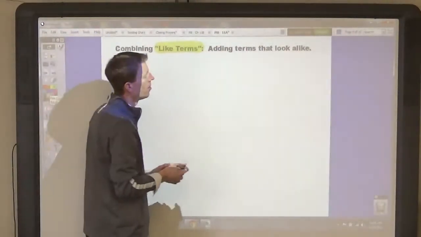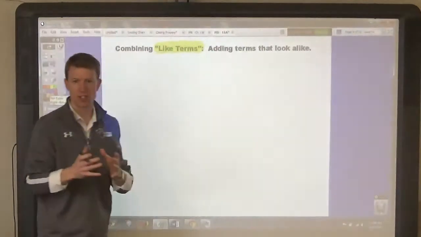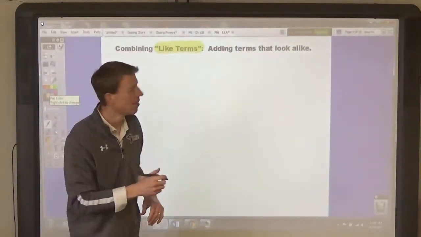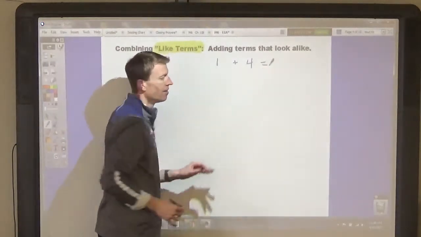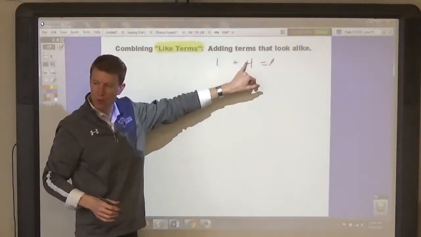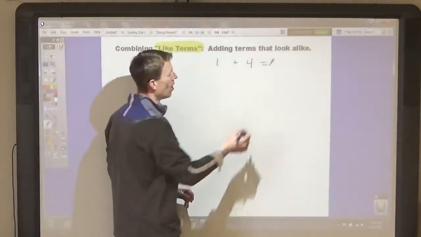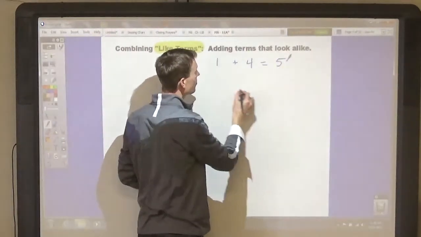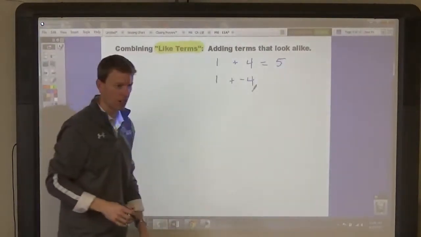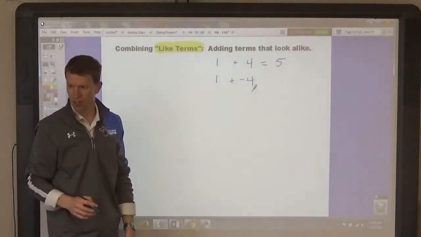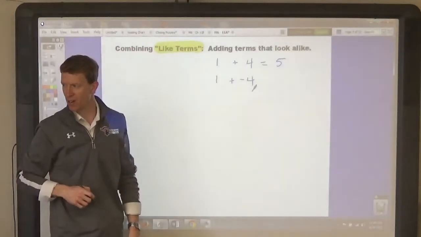So, you've been combining like terms ever since you learned how to add. 1 plus 4 is 5, right? You are combining like terms when you add these numbers. Then we went to integers, and we learned about combining like terms. 1 plus negative 4.